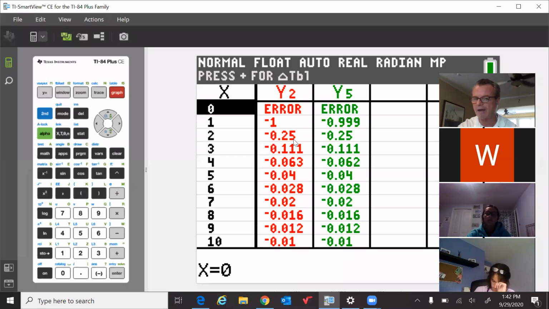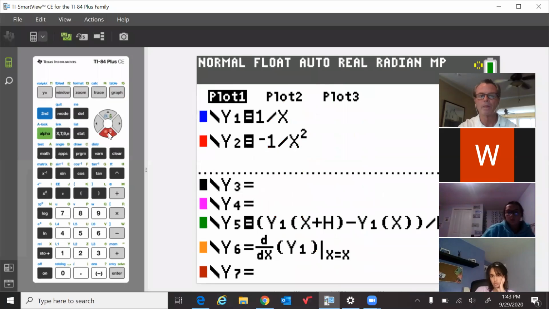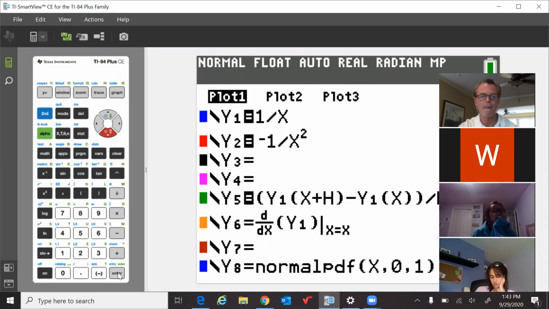Negative 0.25. That's the slope. So that means the tangent would have a slope of negative 0.25. If I go back here, I could draw the tangent line. It has a slope of negative 0.25.